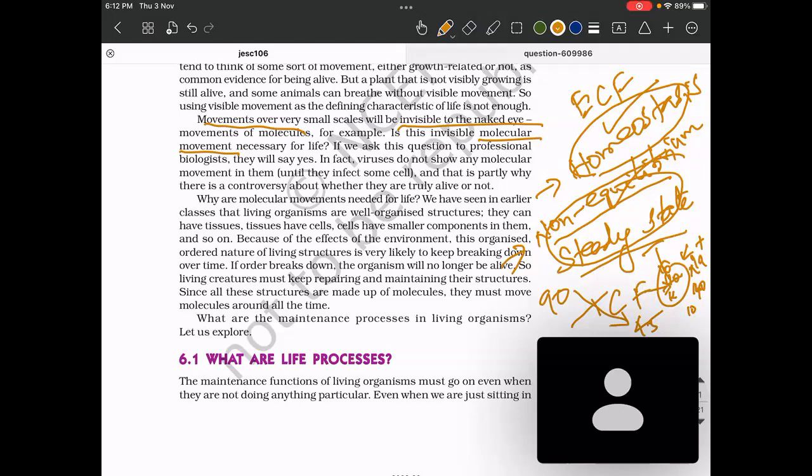Each and every cell works in a multicellular organism to maintain this homeostasis. So this is about the importance of life processes from the cellular level to the organism level.